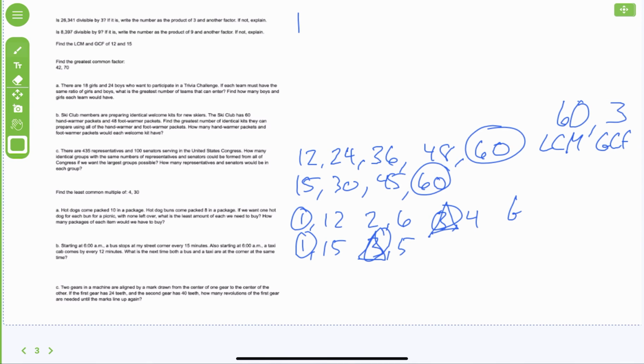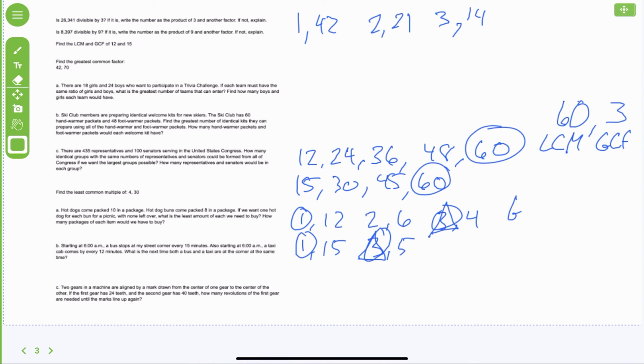Factors of 42. 1 and 42. 2 and 21. Is it divisible by 3? Well, of course it is, because 4 plus 2 is 6. 6 is divisible by 3, so 3 and what? 14.